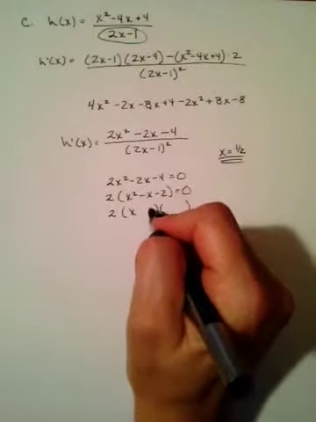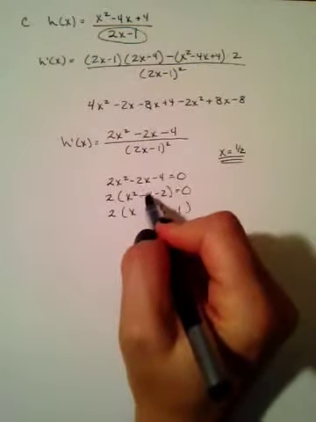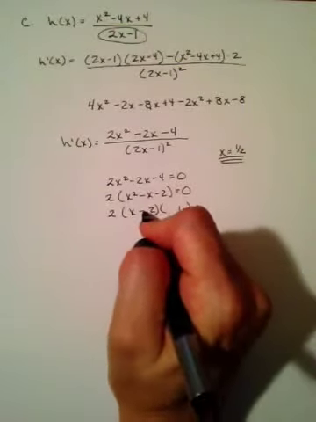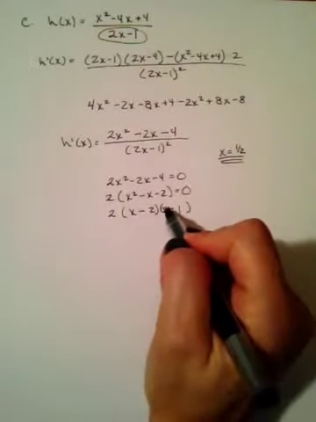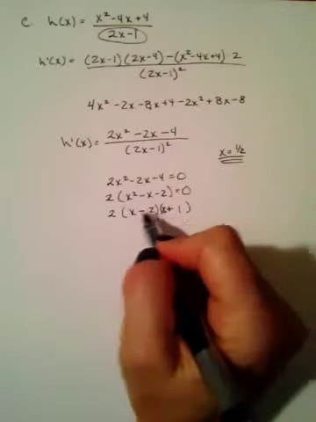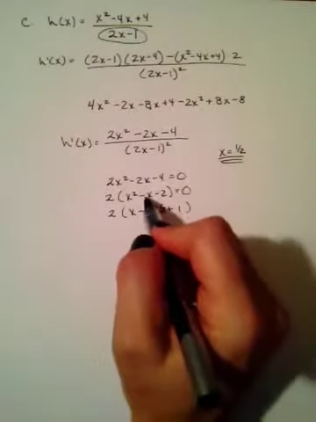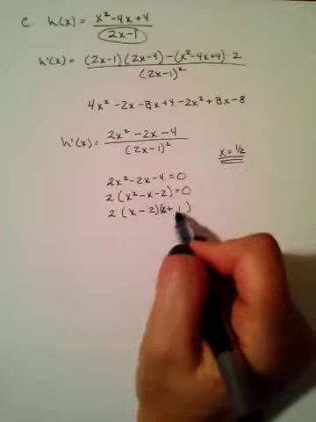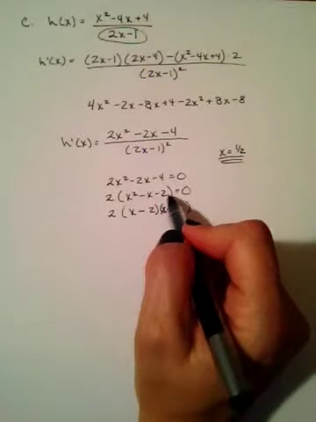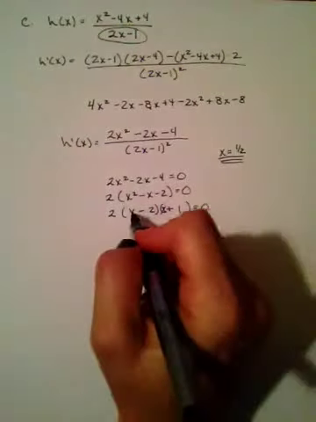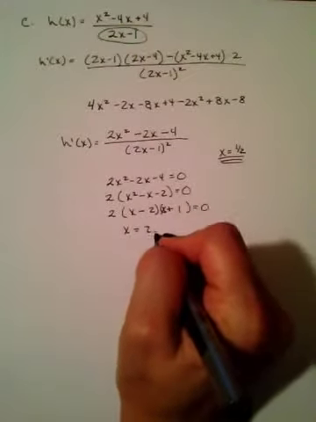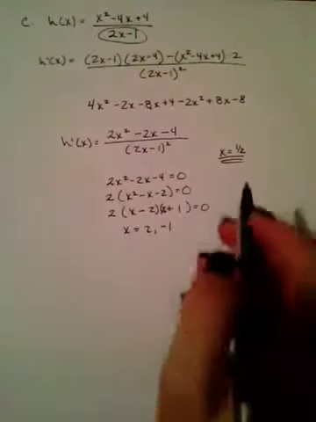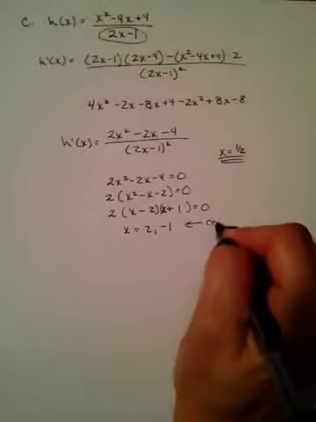So factors of 2 are 2 and 1, and I need them to add up to get a negative 1, which I can do. I can make this a minus 2 and this a positive 1, so there should be an x there. Negative 2x and a positive 1x does give you a negative 1x, and a negative 2 times a positive 1 gives you a negative 2. So when I set my factors equal to 0, I have x equals 2 and negative 1. So these are my critical numbers.